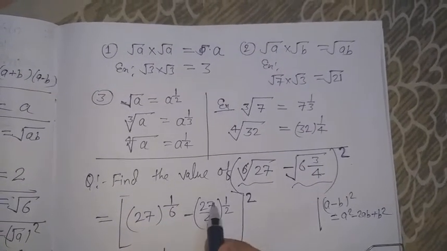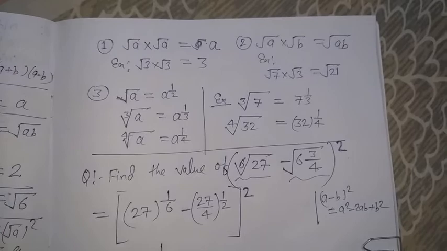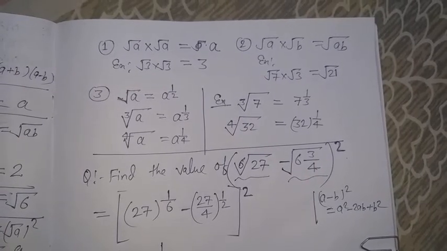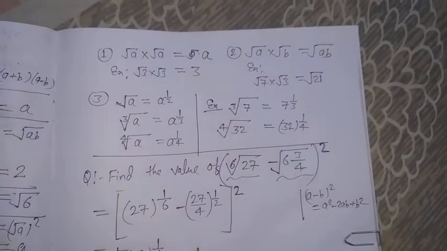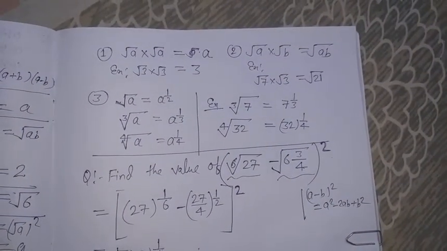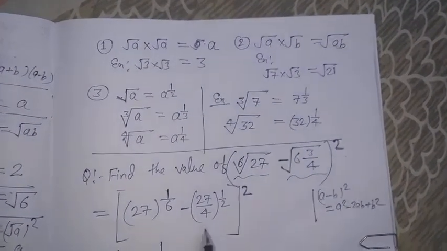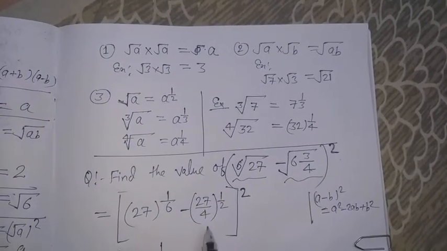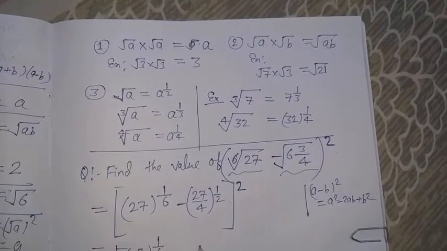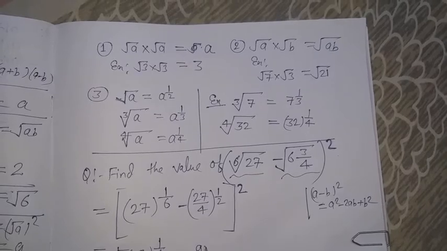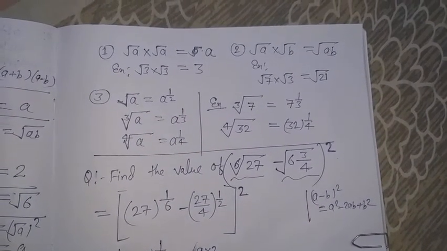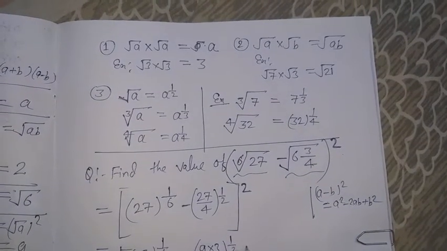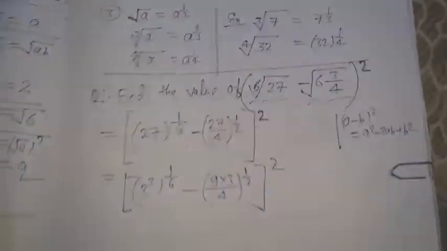And here 27 by 4, so you can write 9 into 3 upon 4, 1 by 2 whole square.